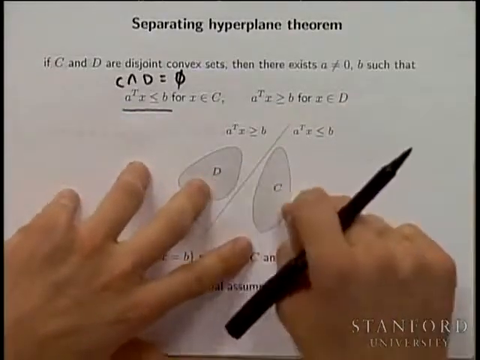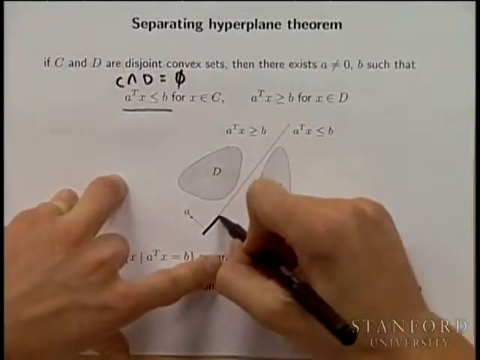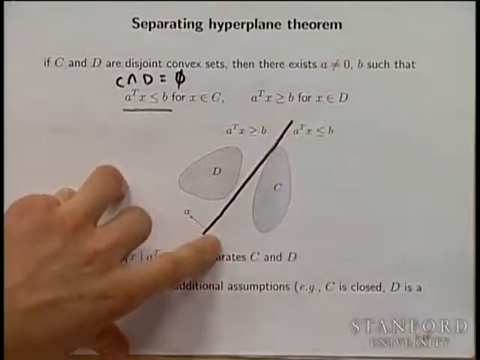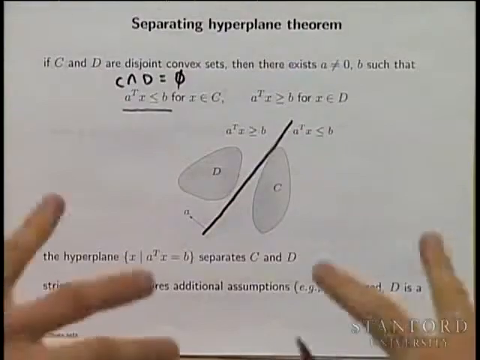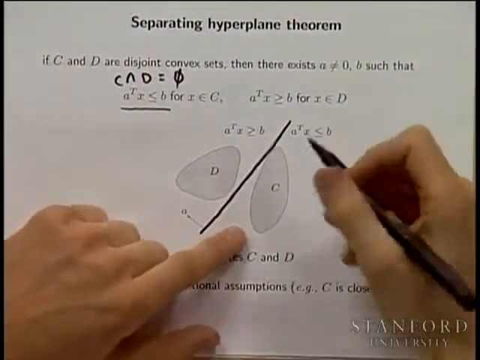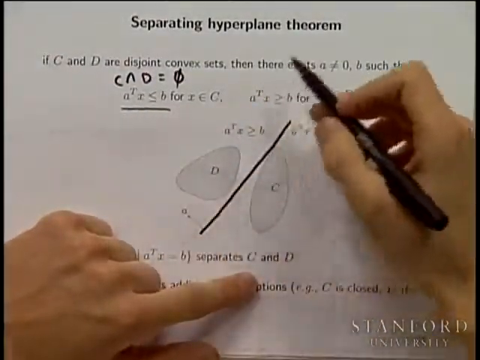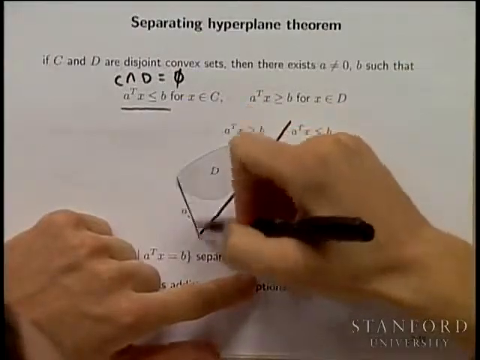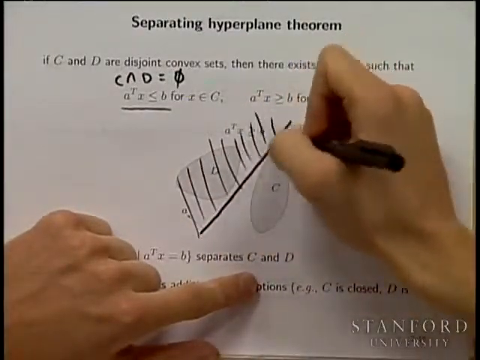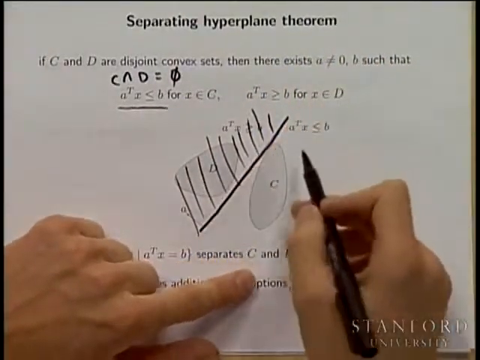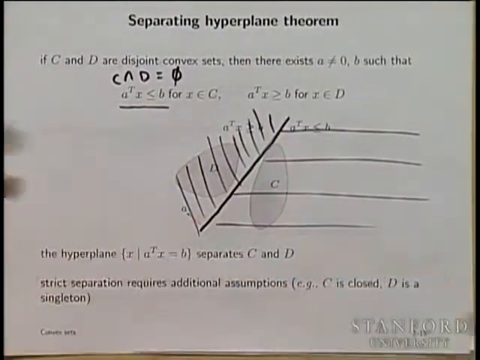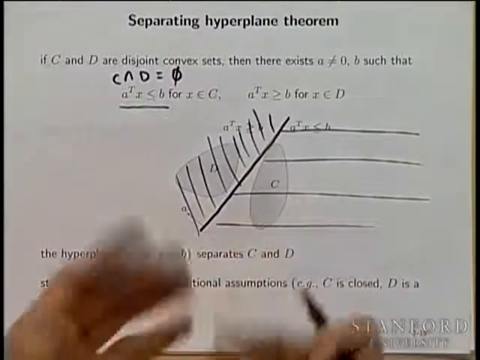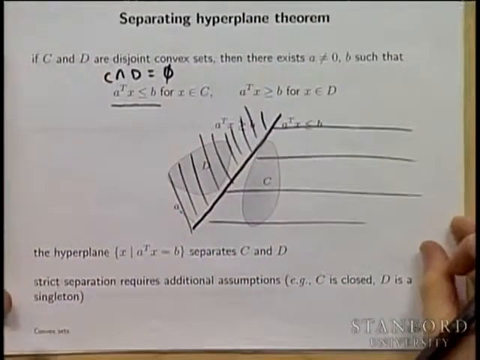So here's a couple of sets. Here is a hyperplane between the sets, and if it's in R2, then it's a line. But you can also think about it as looking down a projection of R3. And this says that we can find some hyperplane so that D lies entirely in this half space here, and C, if you like, lies entirely in this half space here. And it's called a separating hyperplane for quite obvious reasons.